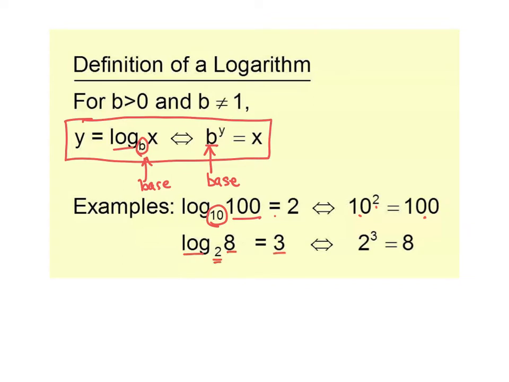Makes no sense in our mind, but if we rearrange that using our definition of a log, it says 2 to the 3rd power is equal to 8, and that does make sense. And 2 times 2 times 2 is definitely equal to 8. So what we're going to do today is convert from logarithmic form into exponential form and exponential form to logarithmic form.